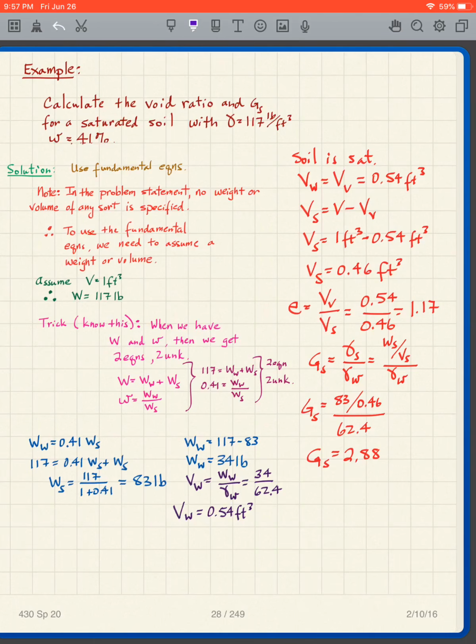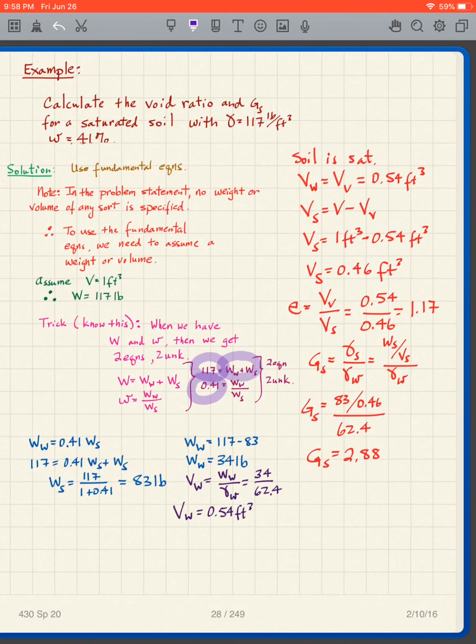Capital W is the total weight, which is weight of the water plus weight of the solids. Small w is weight of the water over the weight of the solids. So we have these 2 things. For this particular problem, the total weight is 117. That's weight of the water plus weight of the solids.